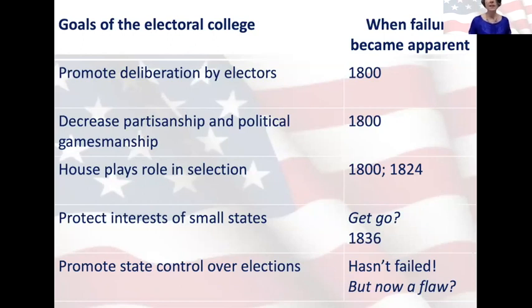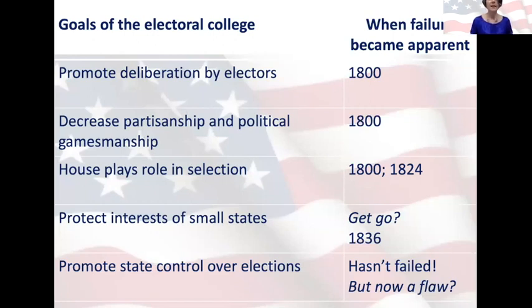Second, it was intended to decrease partisanship and political gamesmanship. However, it was incredibly apparent by the mosh pit election of 1800 that the Electoral College actually magnified and fanned partisanship and political gamesmanship, and it continues to today.